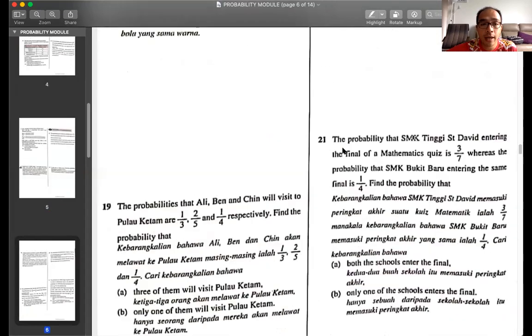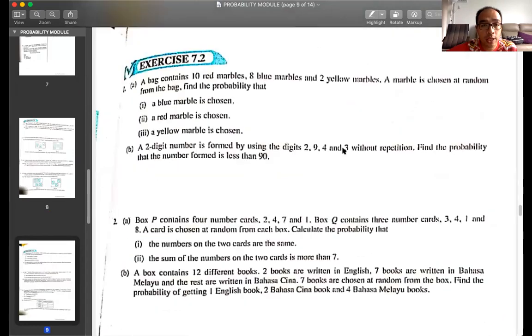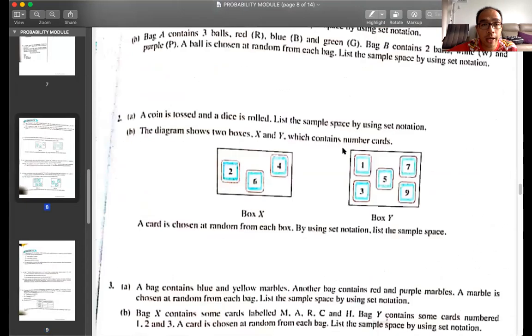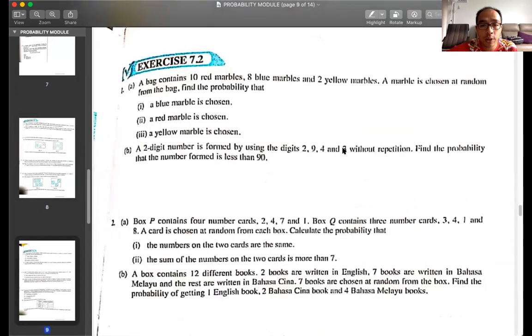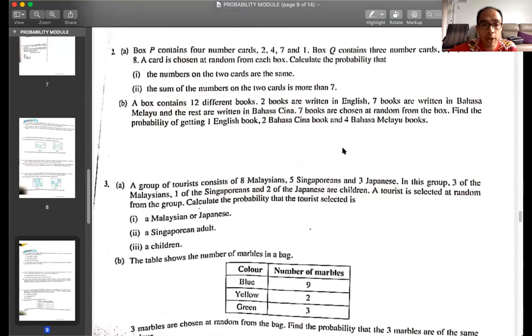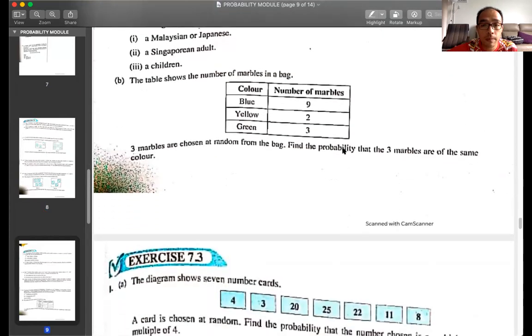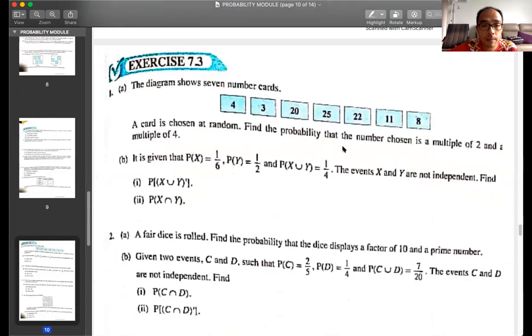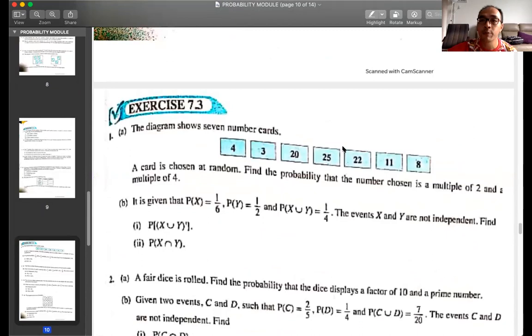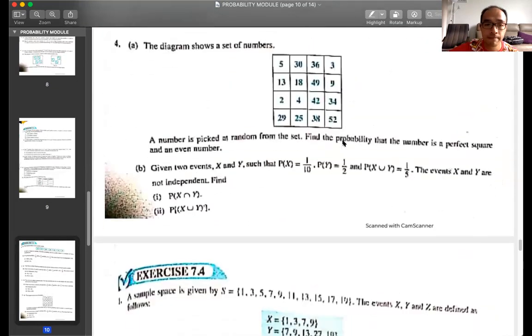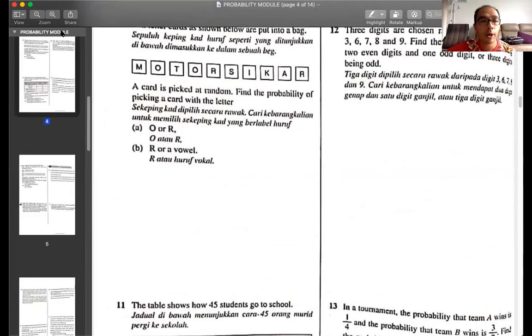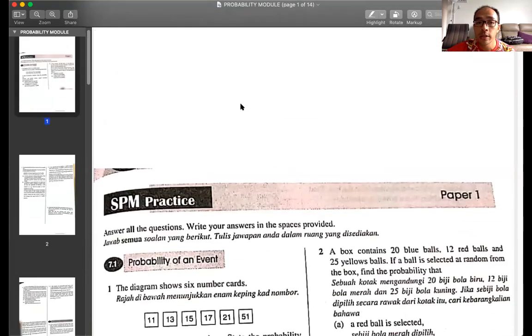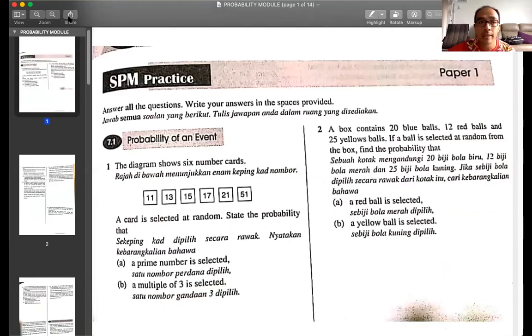The second half, you can do exercise 7.2. Exercise 7.1 and 7.2 for the time being, and questions number 1 to number 8. I will give the answers in a group after this.